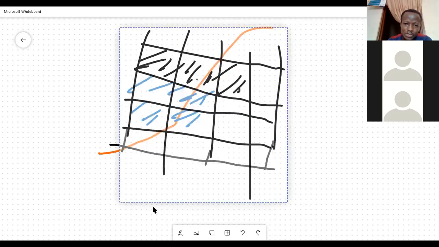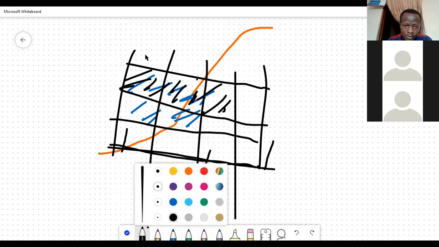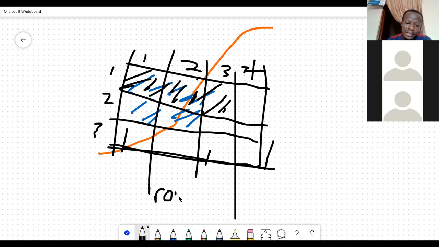So in other words, this is row 1, column 3, column 4, and this is row 1, row 2, row 3. What it means is that I now have a matrix, and in the matrix I can identify every square by the row and then the column numbers.